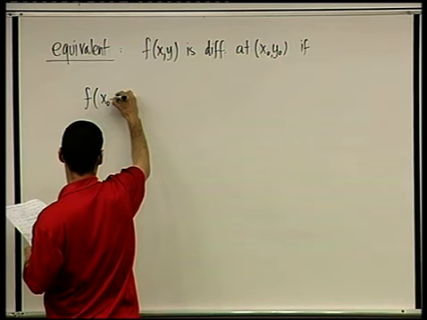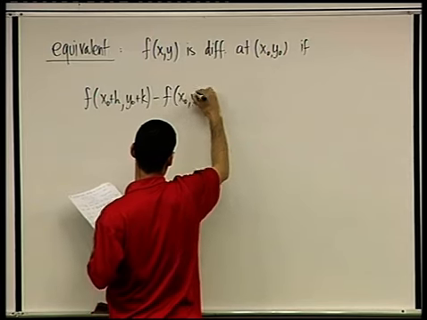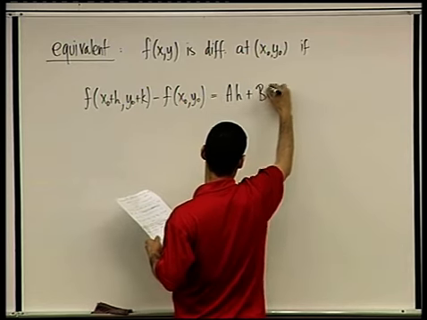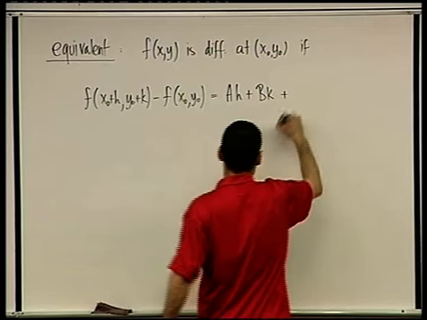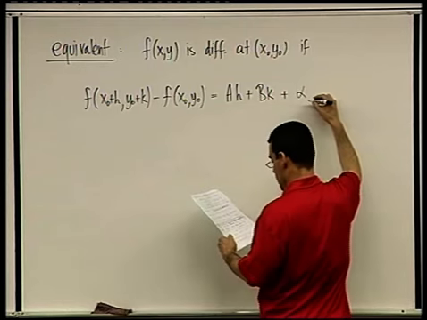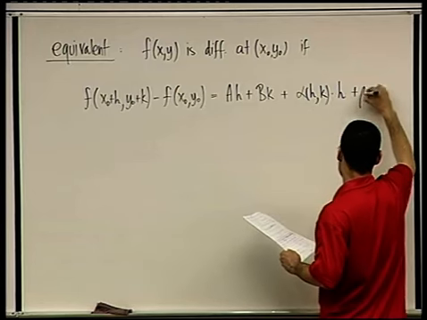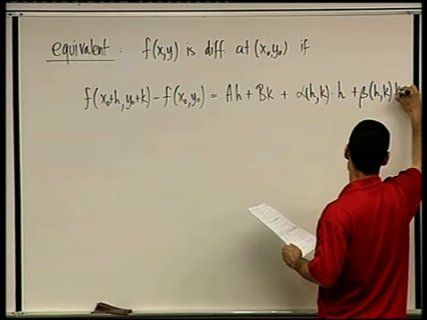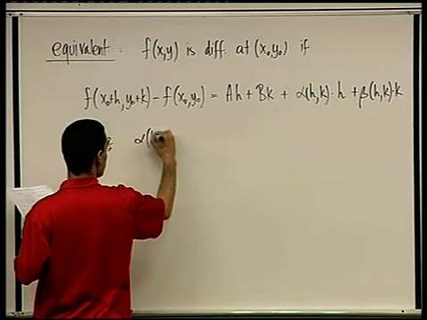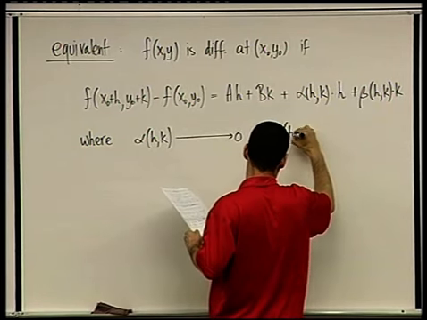f of x0 plus h, y0 plus k, minus f at x0, y0, so far there's no difference, equals a times h plus b times k plus, and now we're going to have two functions, alpha and beta. Alpha is going to be a function of h and k only, multiplied by h, and beta is going to be a function of h and k only, multiplied by k, where both functions tend to 0 as h and k tend to 0, of course.